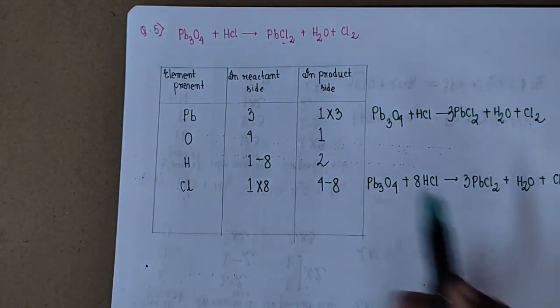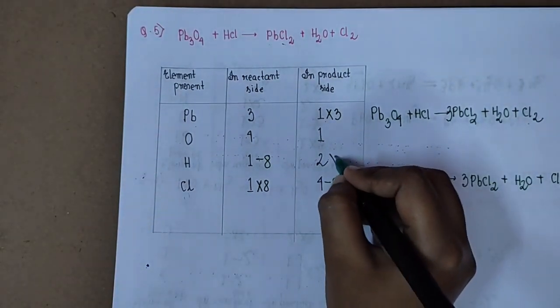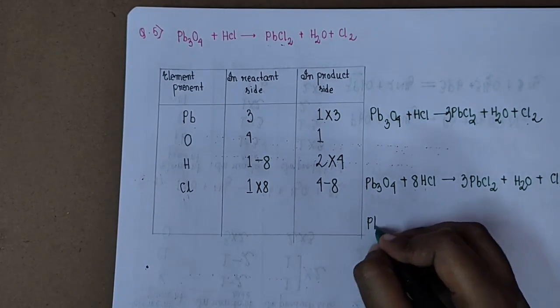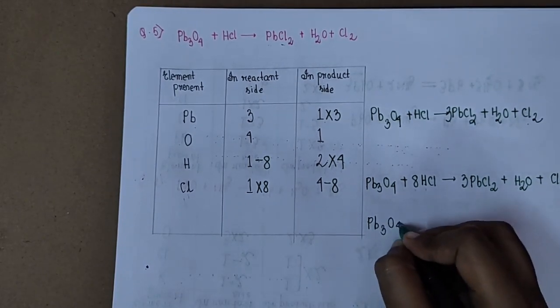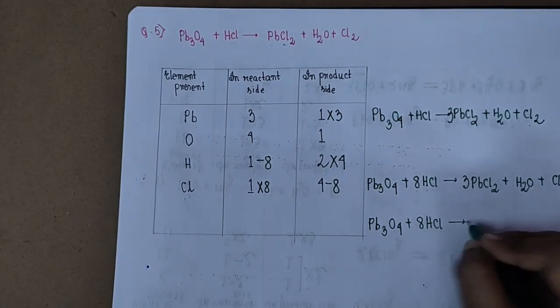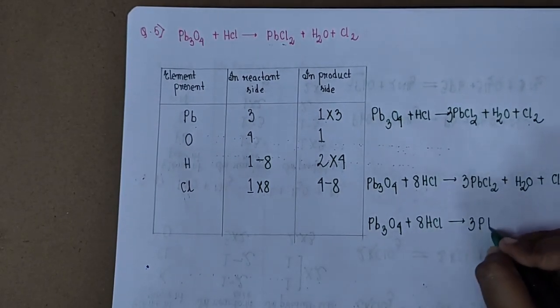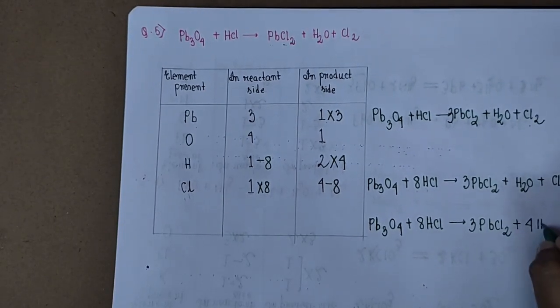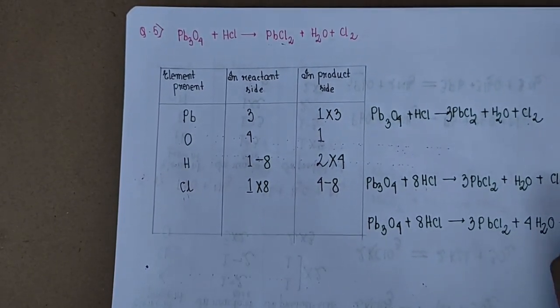So how to balance? We have to multiply the product side hydrogen with 4. So what should we get now? Pb3O4 plus 8 of HCl, 3 PbCl2 plus 4 H2O plus chlorine.